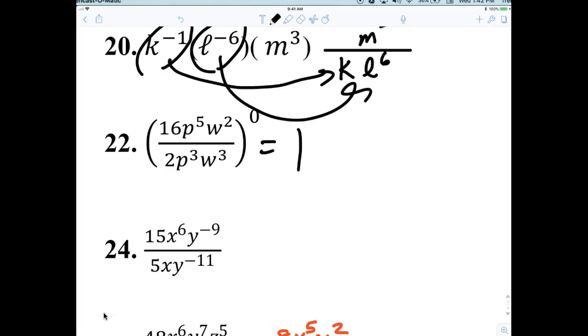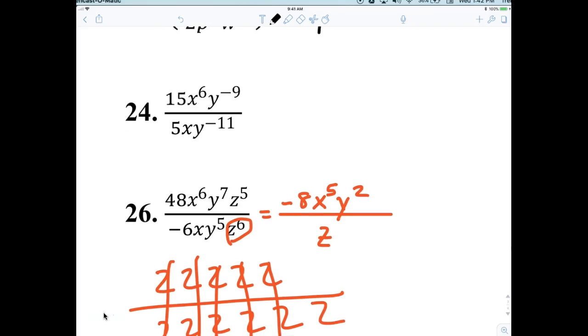Now, next, a little bit harder now. Let's see if you can follow along. First thing, I would look at the numbers and say 15 divided by 5 is 3. Now, I'm looking at the x's. I'm left with x to the 5th. Now, here's my recommendation.